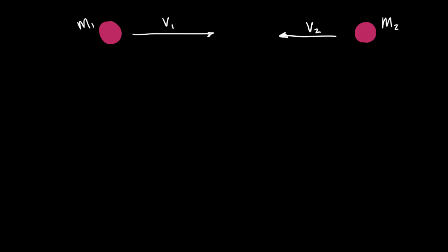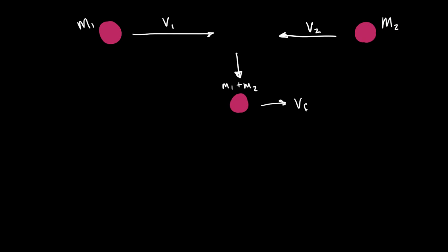And so they fly towards each other, they collide, and then they stick together. And they'll have some final velocity, which could be in either direction. I'll just draw it in this direction for right now, once they stick together. And of course the final mass is going to be the sum of the 2 masses, because all of the mass sticks together.